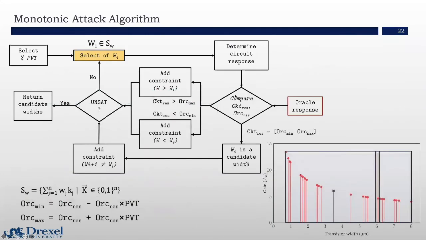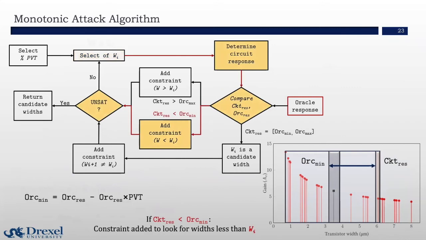The algorithm begins by randomly selecting a width Wi from the set SW. Next, the circuit response at the selected width Wi is computed. If the circuit response is less than the oracle min, that is the target minus a variation, then constraints are added to look for a width that is less than Wi.